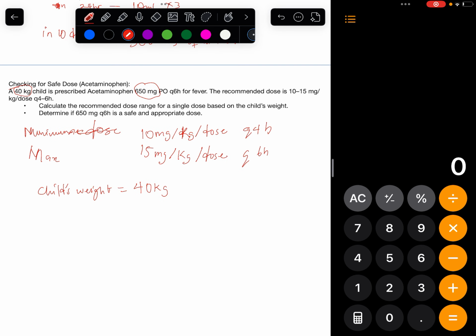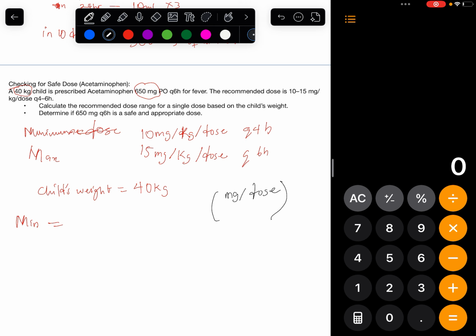Now, to calculate the minimum dose, we simply multiply this dosage by the child's weight. And one thing to always take note of is that the kilograms tend to cancel, because in the end, our units are usually in milligram per dose.